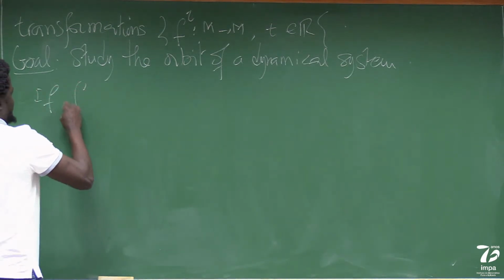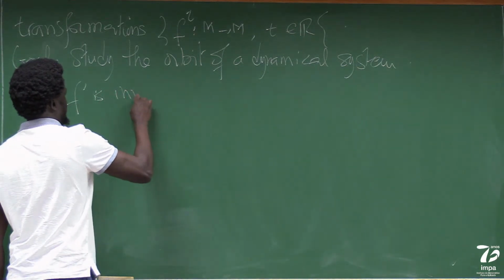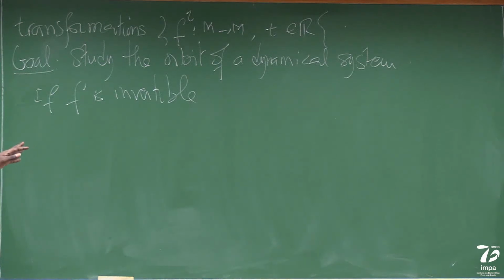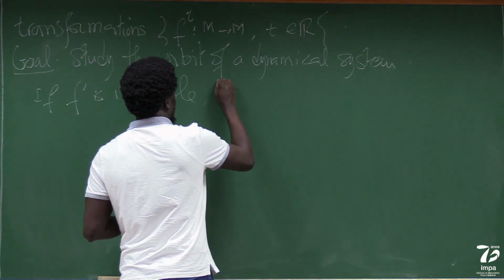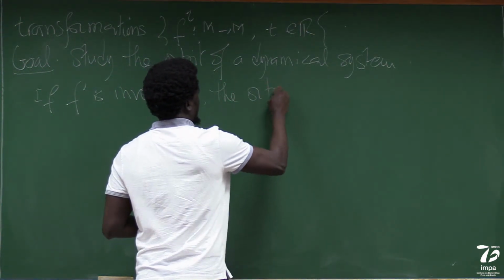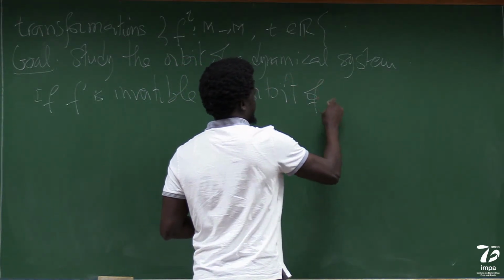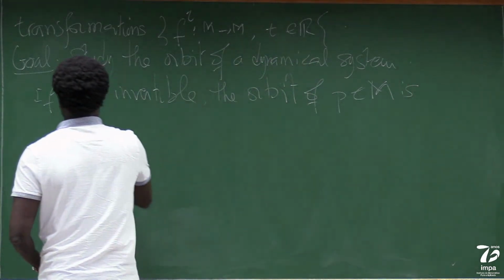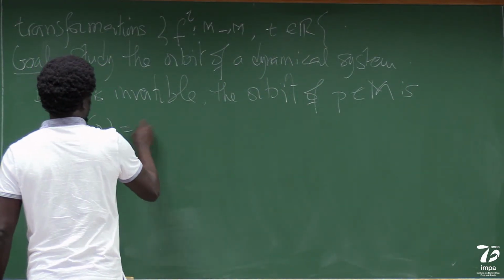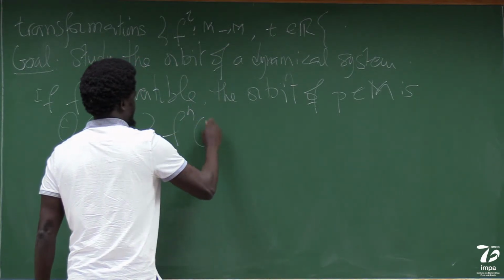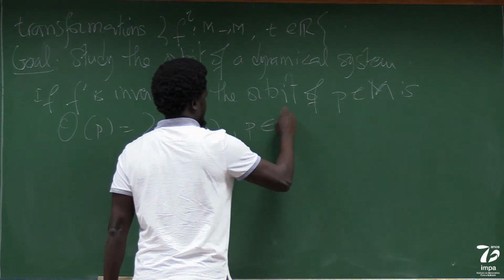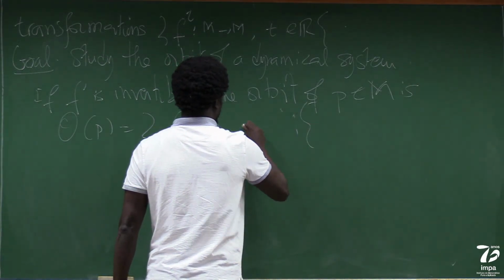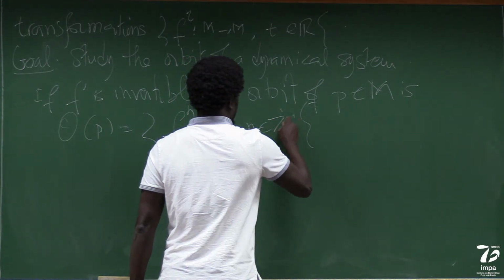If F is invertible, so if F is a bijection, the orbit of a point p in M is given by O(p), which is the set of F^n(p) for n in Z.